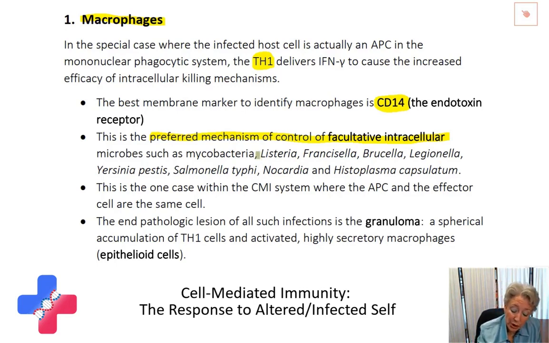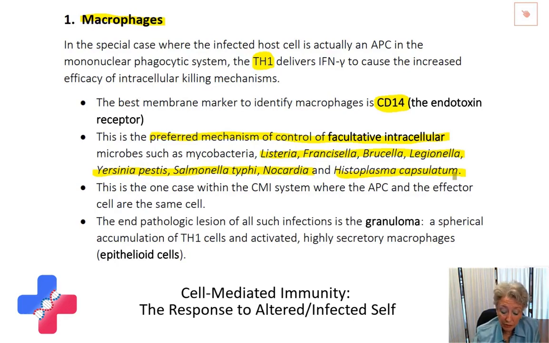Now, of course, we will talk about this more as we get into our discussion of infectious disease, but for now, you should recognize this list of organisms out of the fungal, indeed the parasitic, in fact, and the bacterial groups that live inside mononuclear phagocytes.